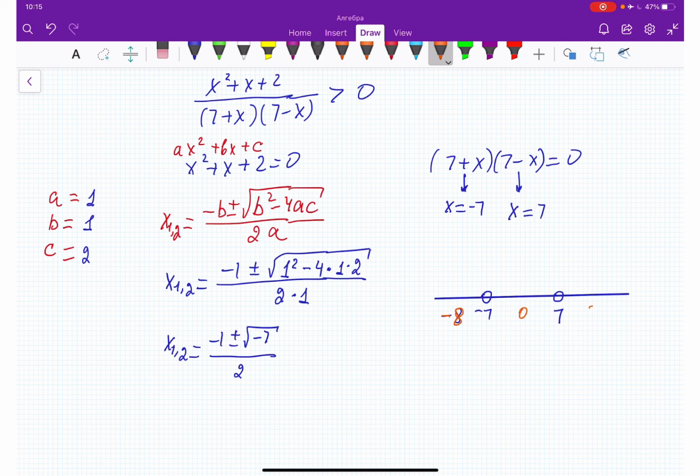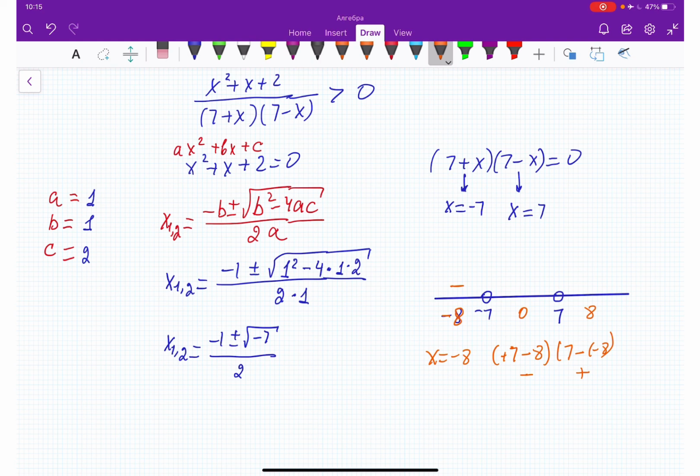So let me see. -8, 0, +8. Yeah? So let's see, x is -8. So 7 plus -8, 7 minus -8. So this is negative, this is positive. It's going to be negative here. Right?